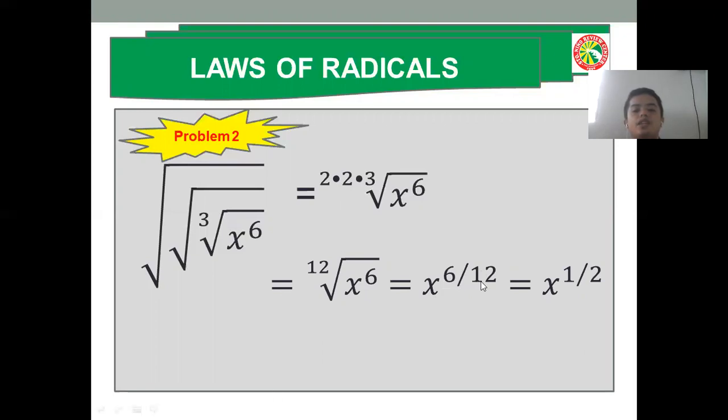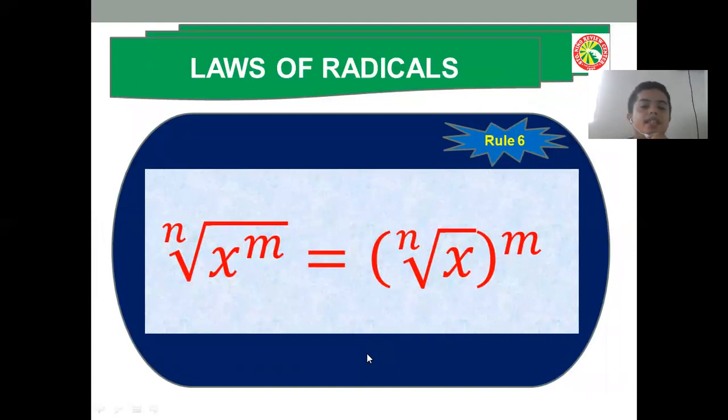So x raised to 1/2, because 6 divided by 6 is 1 and 12 divided by 6 is 2. Transforming this again to radical, that is the square root of x, because the root is 2 and the exponent of base x is 1. Therefore, the square root of x is the answer.